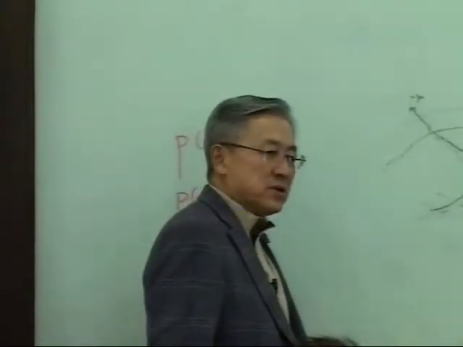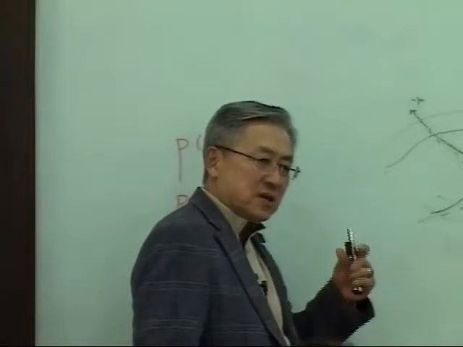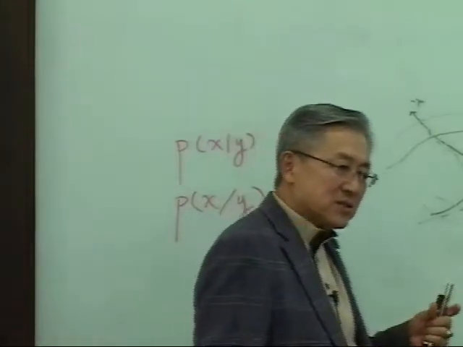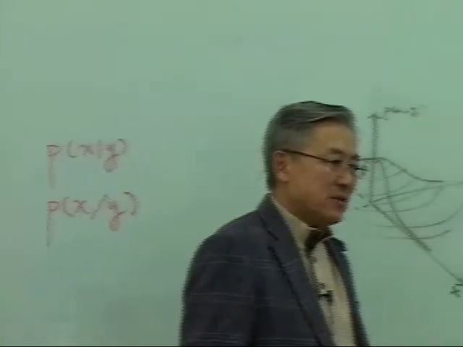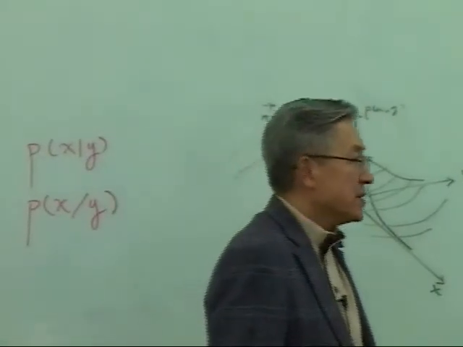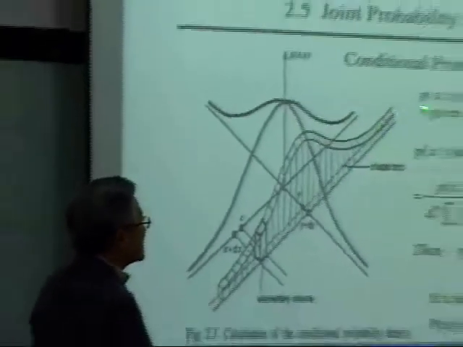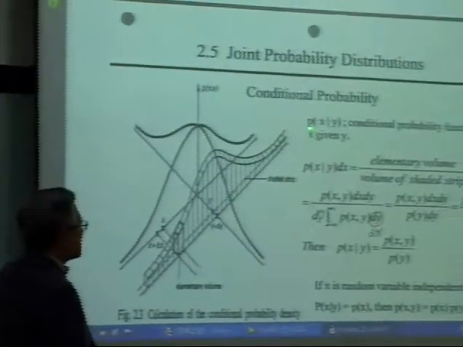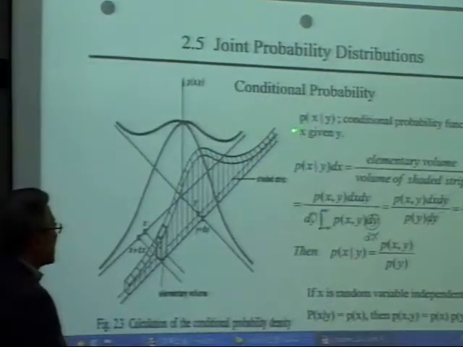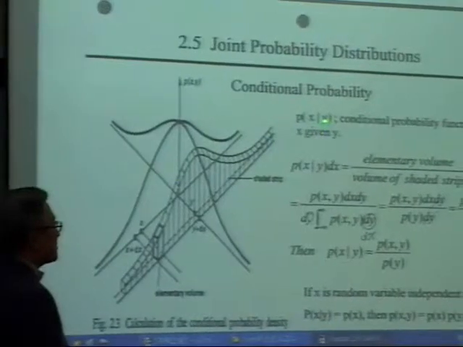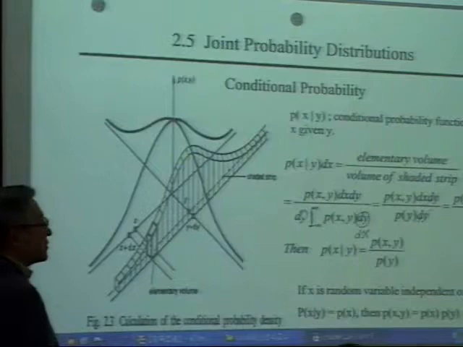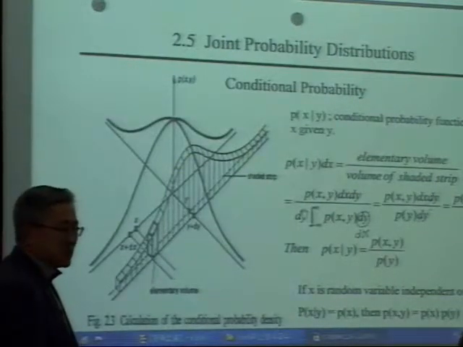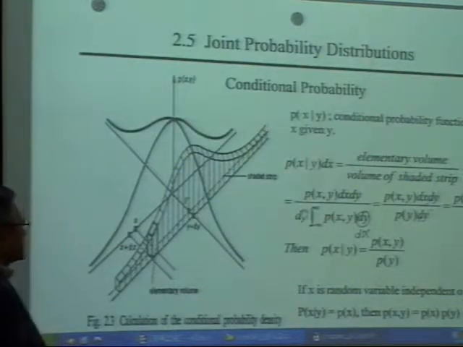Conditional probability really means probability of x given the y. You can read it that way. Given y. So listen carefully. This is a conditional probability density function of x given y. Conditional probability function for x given the y.